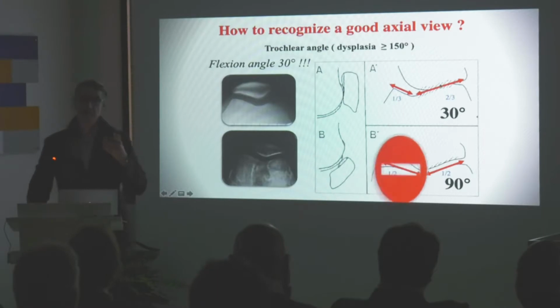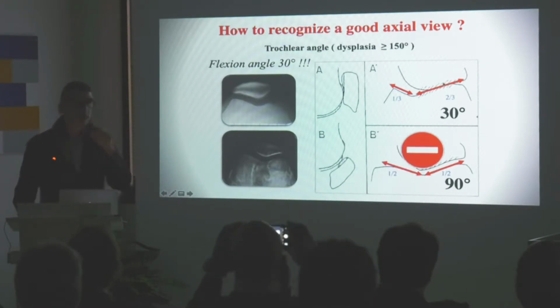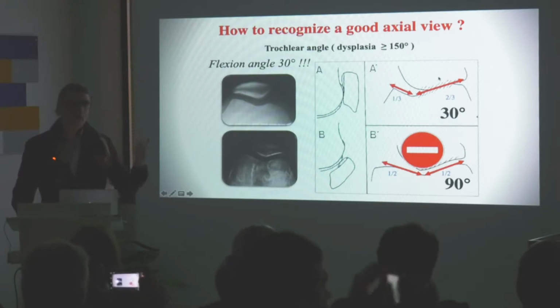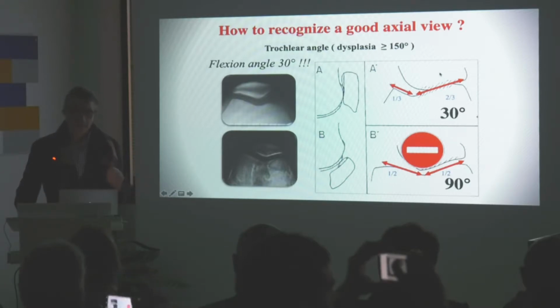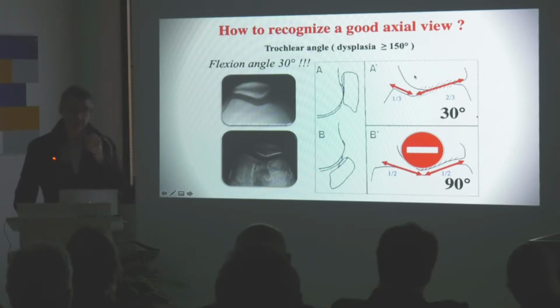The trochlear dysplasia is really well seen on the lateral X-ray. We often speak about the axial view at 30 degrees flexion. Yes, it's important, but first of all, you need to have a good axial view at 30 degrees flexion. And to be sure that this is a good one, you need to have 1/3 for the medial facet and 2/3 for the lateral facet.